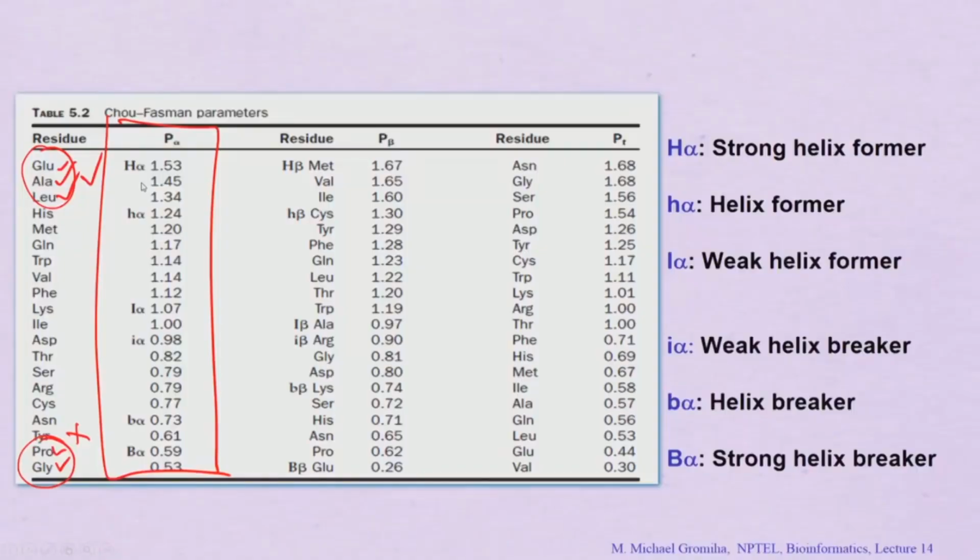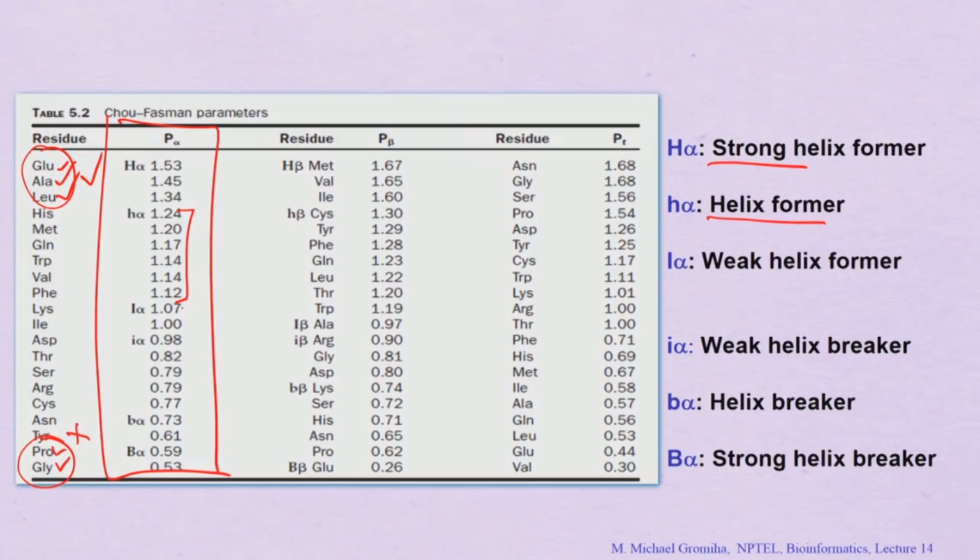Hence they divided this into 6 groups. First one is capital H alpha, this is strong helix former, because they have a high tendency to form helix as the value is very high, and then the small h alpha group. So, they have a tendency to form the helix, that is helix formers.